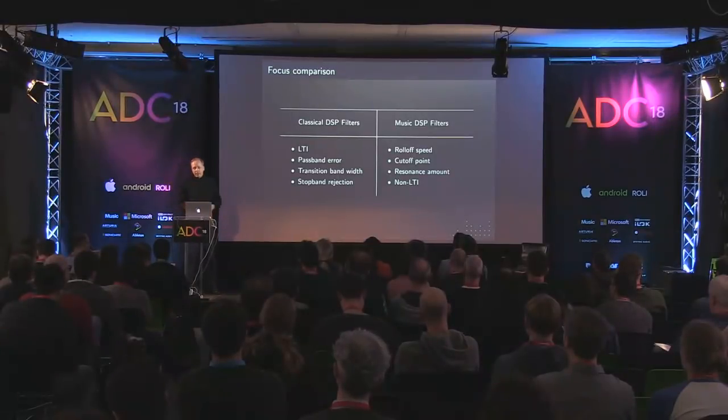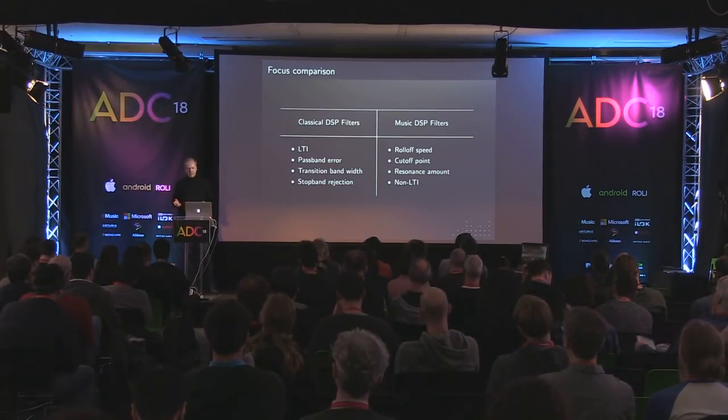The problems with standard DSP texts, in my opinion, come not because they do things badly, but because they have a different focus. In standard DSP, a filter is basically just a way to cut out a range of frequencies from the signal, and that's it. And this defines the priority points, which you can see on the left side of the slide. In comparison, in music DSP, our priority points are completely different.